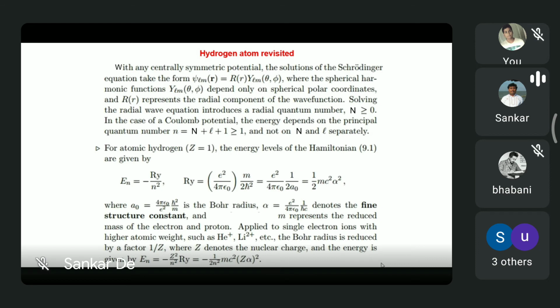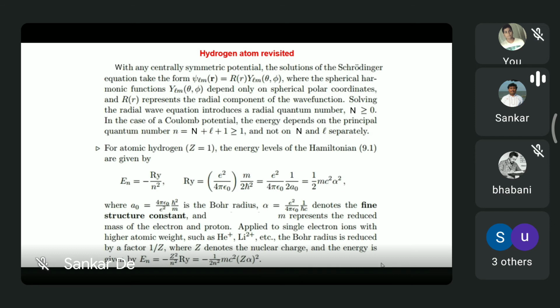And then for the hydrogen atom we define the energy levels of the Hamiltonian in a very simple way, in terms of the Rydberg constant Ry: En is equal to minus Ry by n square.